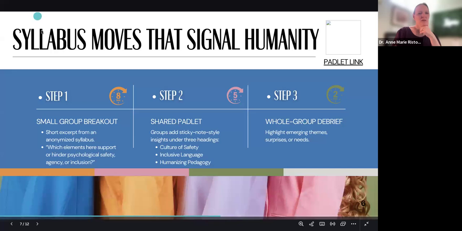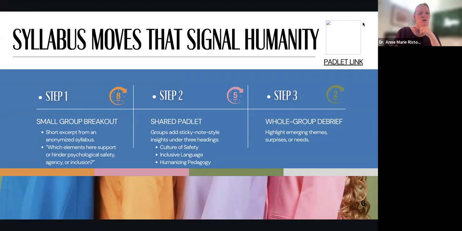What we're going to do is we're going to go into a small breakout and really you're going to look at an excerpt from an anonymized syllabus. And you're going to think about which elements here support or hinder psychological safety, agency, or inclusion.